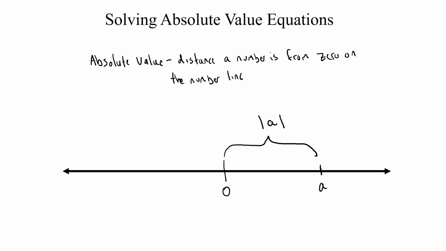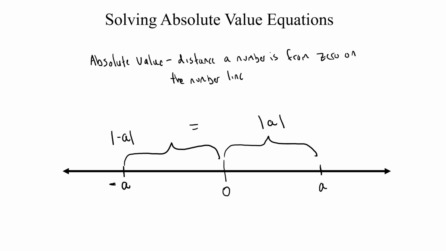It also turns out to be the same for any other number, even the opposite. So the absolute value of the opposite of A is this distance here, and those are equivalent to each other.